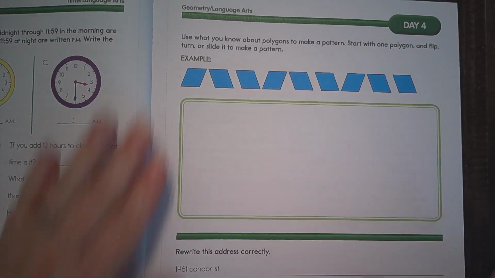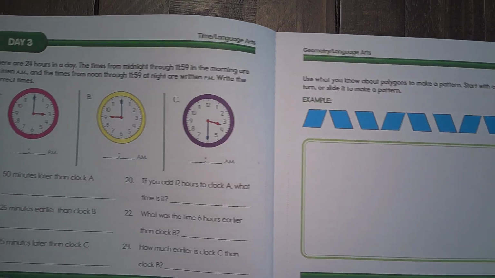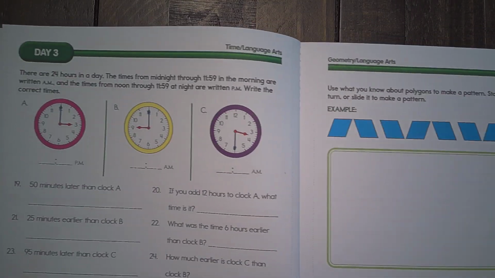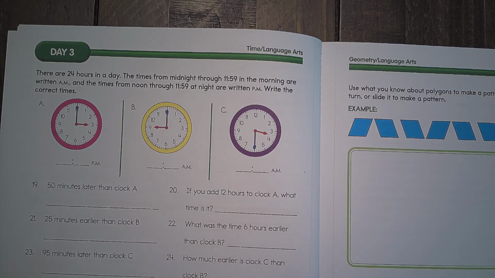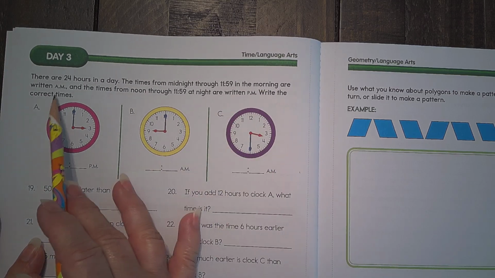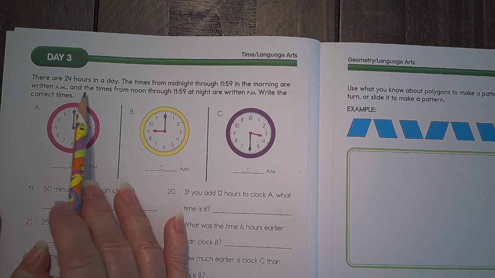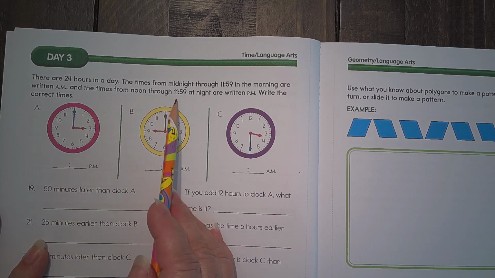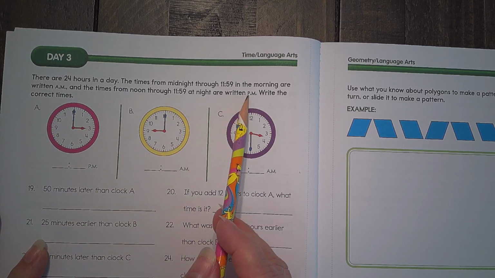Page 8. There are 24 hours in a day. The times from midnight through 11:59 in the morning are written as AM, and the times from noon through 11:59 at night are written as PM.